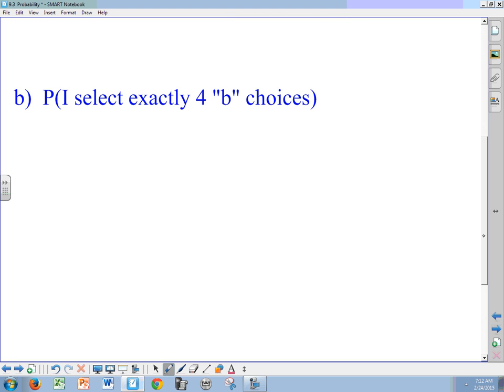And then the last problem here is the probability that I select exactly 4B choices. Now the thing about this one is that a B is a B is a B. So I've got a B here, and let's say that I've got a B over here, and I've got another B over here. Now the interesting thing about this is my 4B terms, the order doesn't matter. So this is going to be a combination, 10 choose 4.